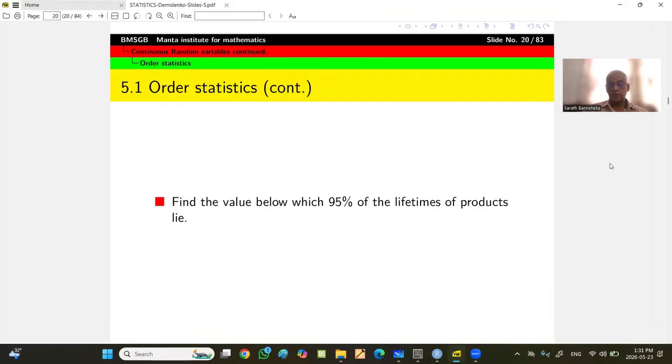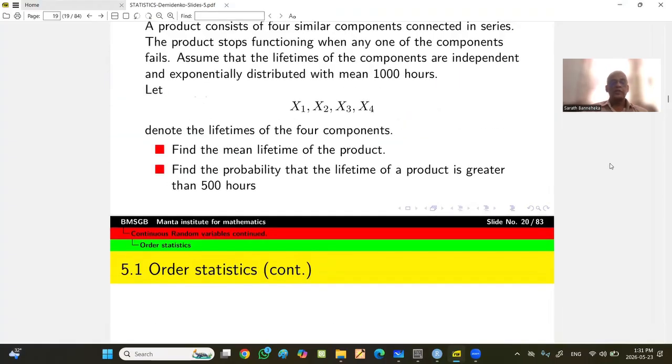To answer the first question, I want to find the mean lifetime of the product. That means I want the expected value of the first order statistic. But I cannot find the expected value exactly unless I find the exact distribution of the first order statistic and then integrate x times that density function.